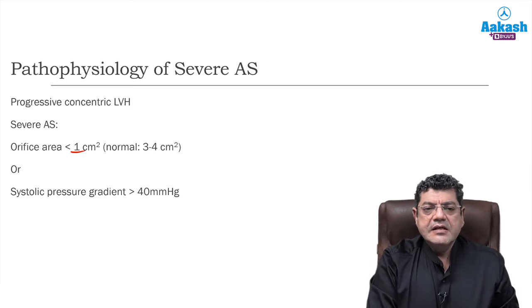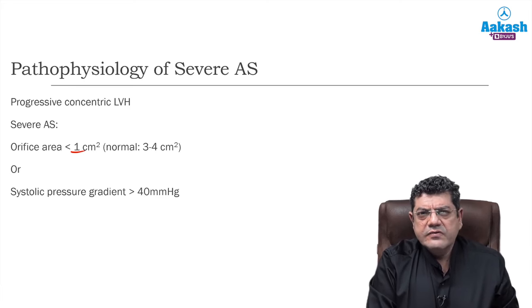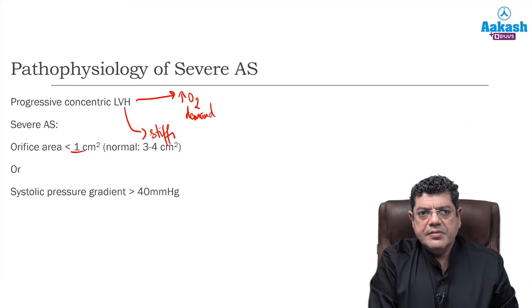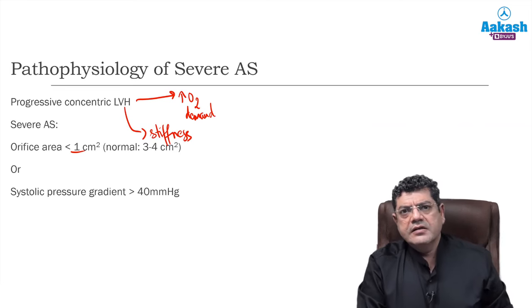What happens is that this progressive concentric LVH would imply greater myocardial oxygen demand, right? The hypertrophy would also mean more stiffness, less compliance, right?